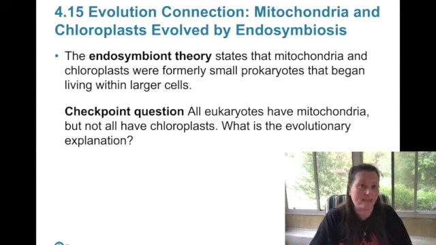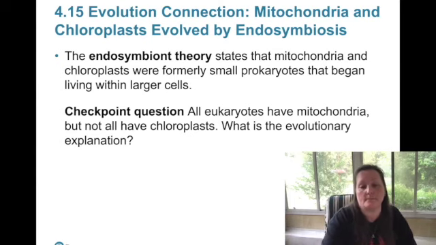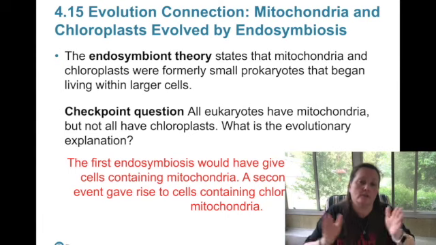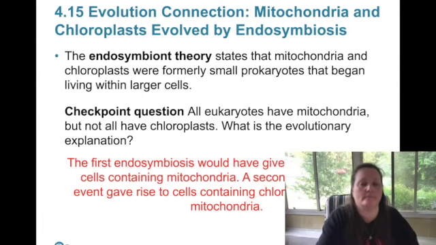So what is the evolutionary explanation of this? First, endosymbiosis would have given rise to eukaryotic cells containing mitochondria. And then there was a second one that gave rise to the cells containing chloroplasts as well as mitochondria. So it diverged and then diverged.